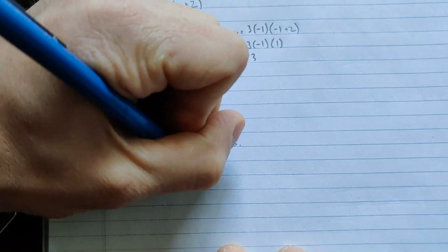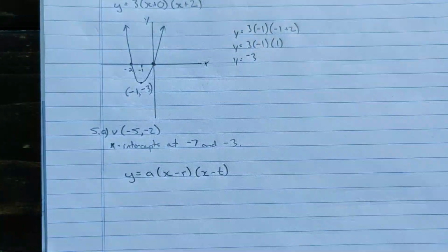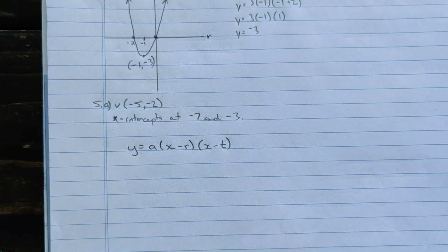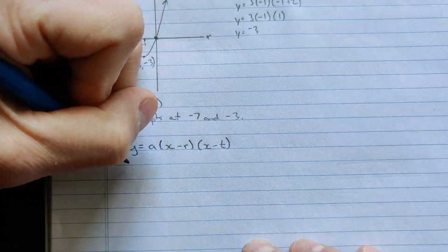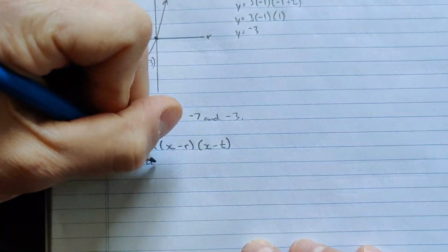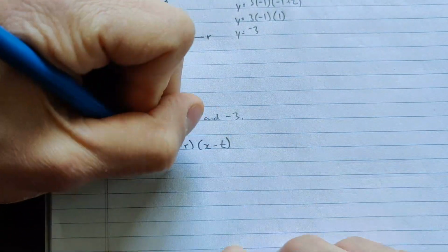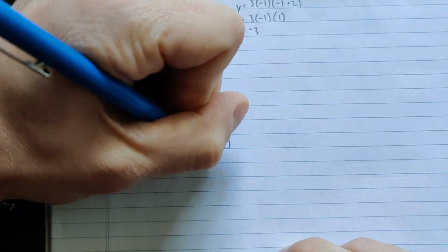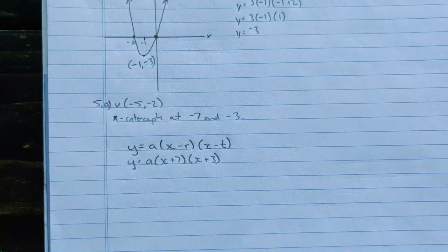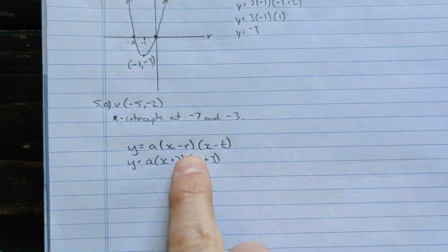They use s. I'm going to use t because my s's look like 5s, and then I can sub in these values that I have. So y equals a(x, negative 7 will be plus 7, and then negative t will be plus 3. So that'll flip those signs around.